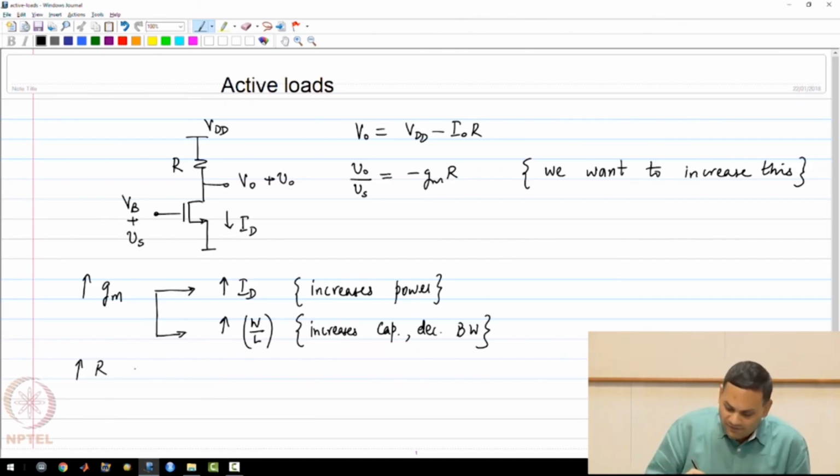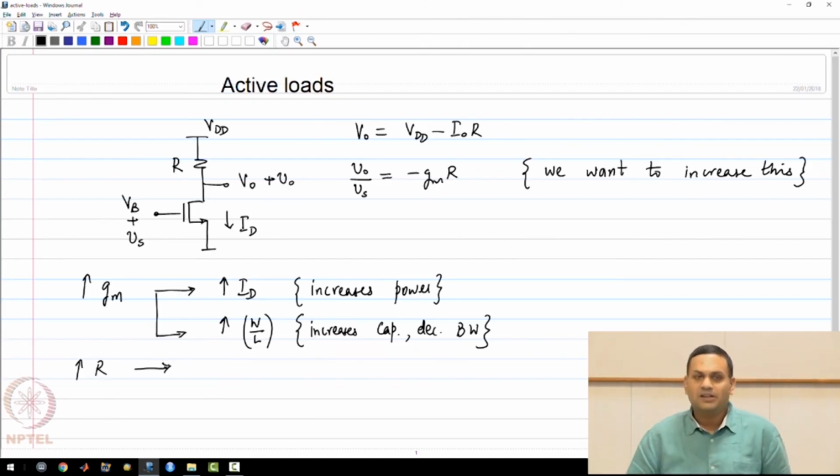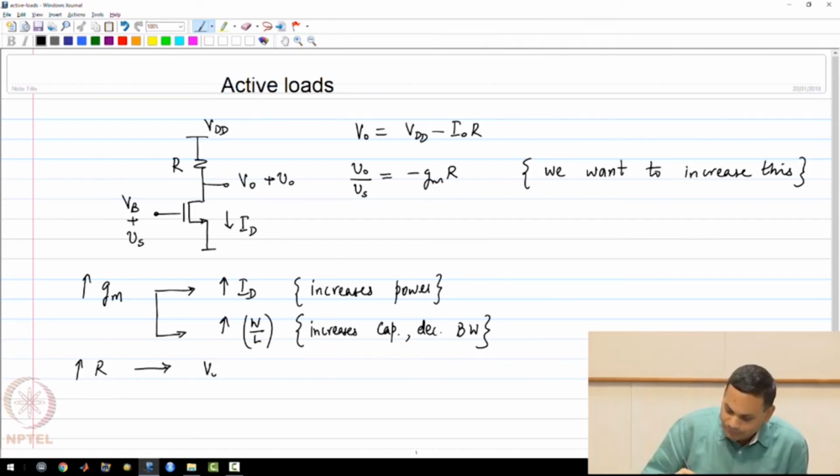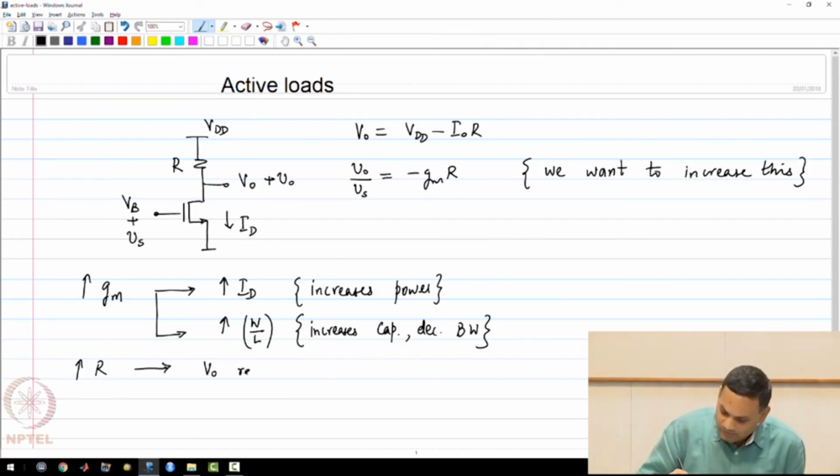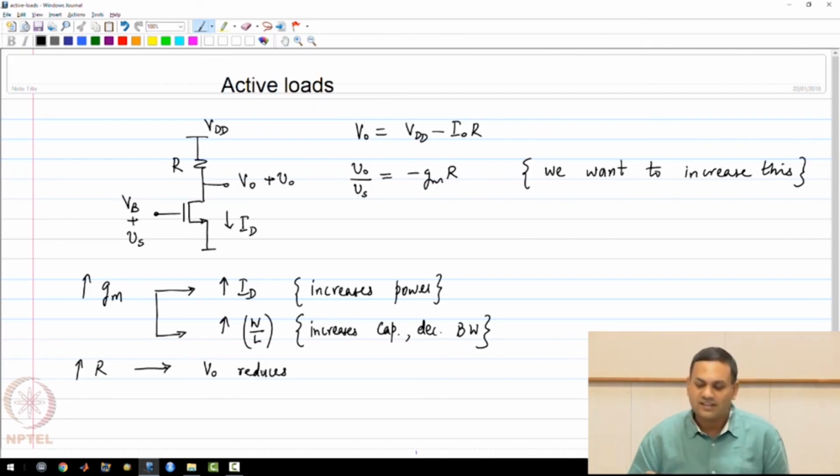Now, on the face of it, this seems fine, but please note that the output DC voltage reduces linearly with increase in resistance.